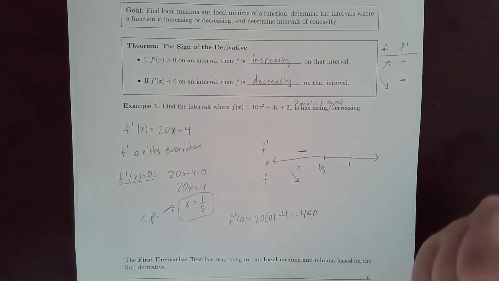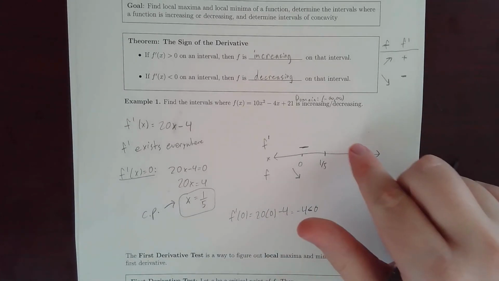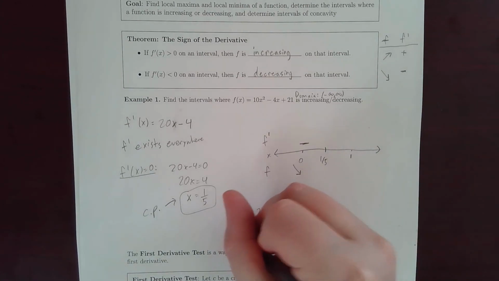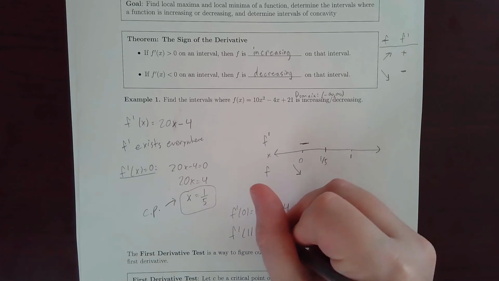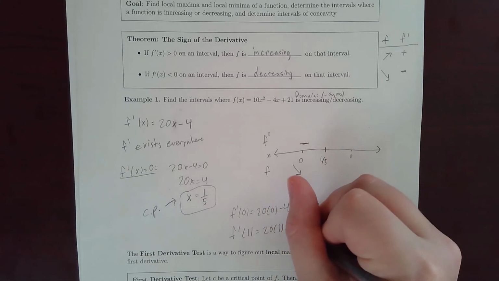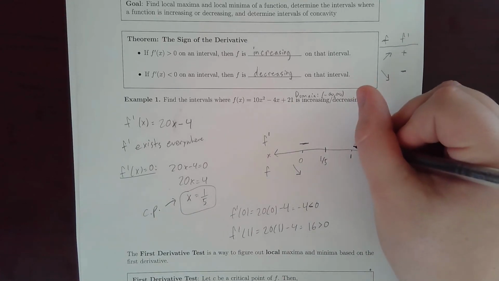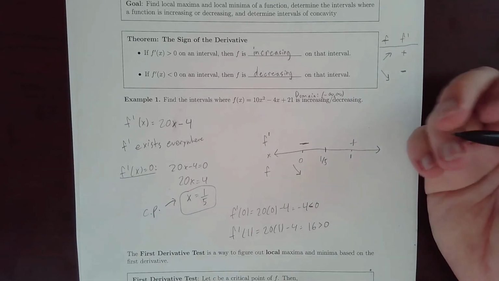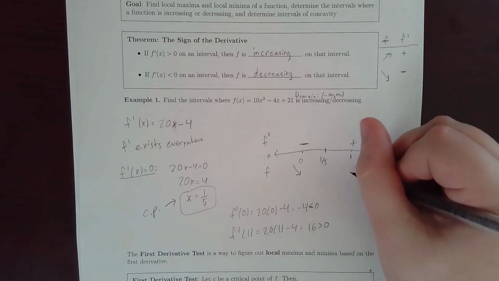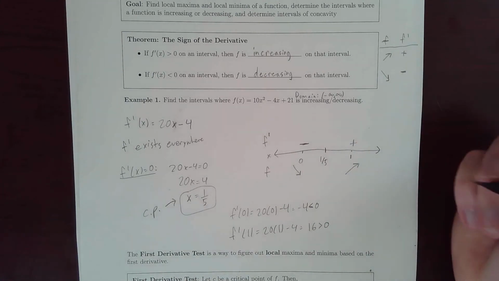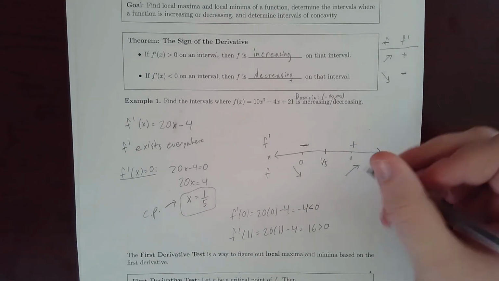Its values are going down. Now, if we plug in 1 to the derivative, f prime of 1 is 20 times 1 minus 4, which is 16, which is greater than 0. So over on the right, we have positive values for our derivative. That means the function is increasing on that interval.